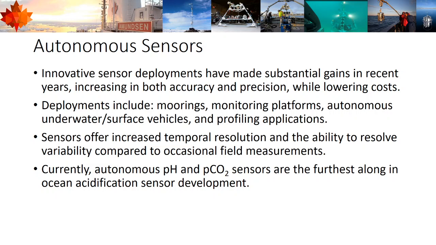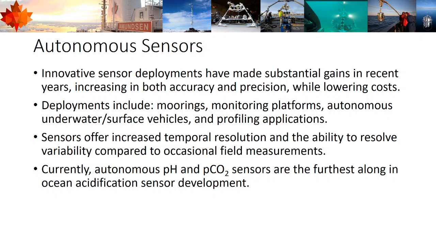Autonomous sensors are now widely used in ocean monitoring efforts, as they've made substantial gains in recent years, including in both accuracy and precision, while lowering costs, making them more accessible to researchers, industry, and community leaders.